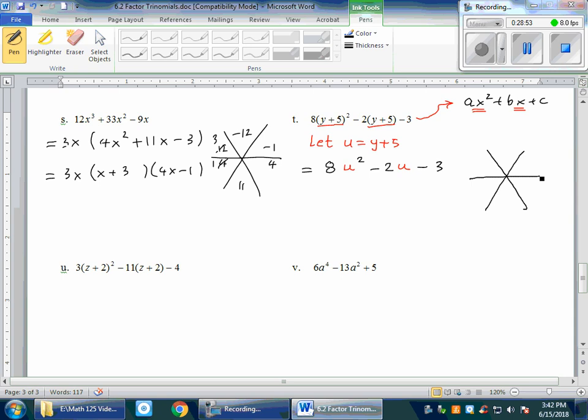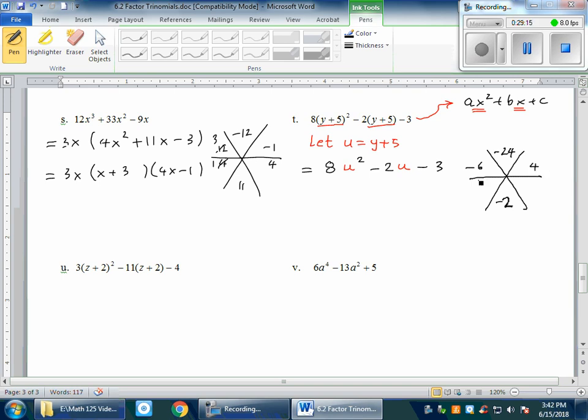So this will become my a times c. My a is 8, my c is negative 3. So 8 times negative 3 is negative 24. And we want negative 2. And the only way that we can multiply to get negative 24 and then add it up to get negative 2 is negative 6 times 4.